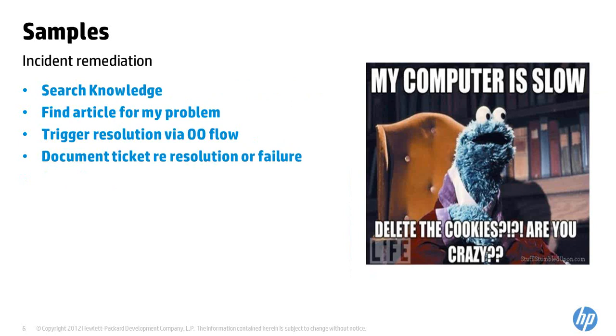In the knowledge document is a link to an OO flow. They click on that link. That OO flow is generated. They provide some base information, perhaps their IP address or whatever.